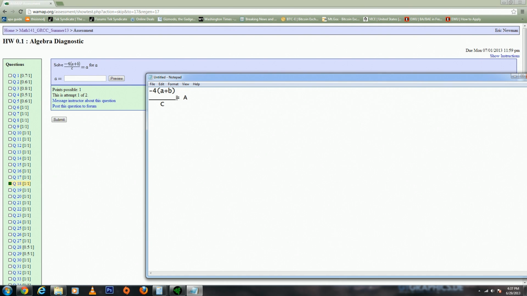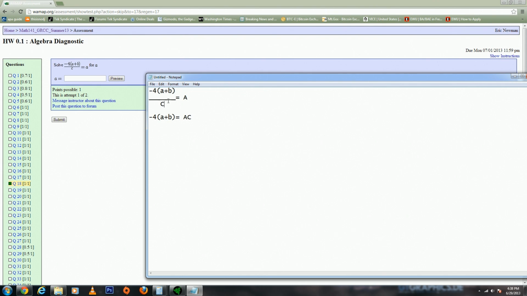So anyway, we have a fraction right here. What's the best way to get rid of a fraction when you have a variable on one side? You can multiply by the denominator, because this is a division problem, and the opposite of division is multiplication. So multiply by c, and the c's would cancel, so you would get negative 4a plus b is equal to ac, because we are multiplying both sides, because that's algebra.